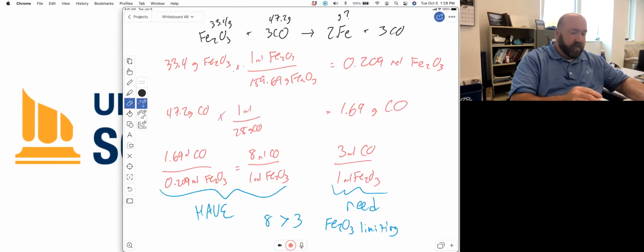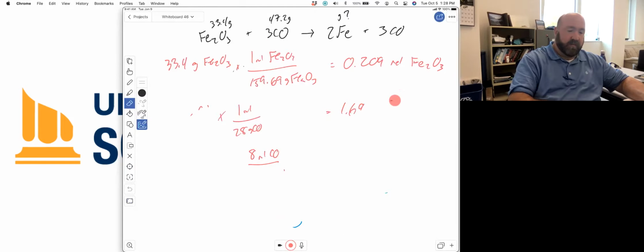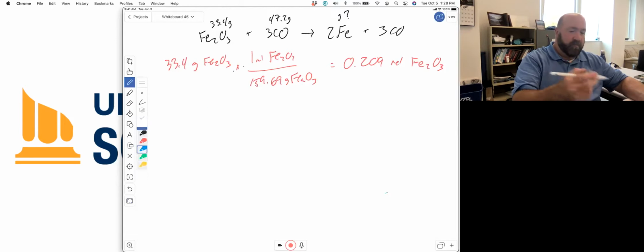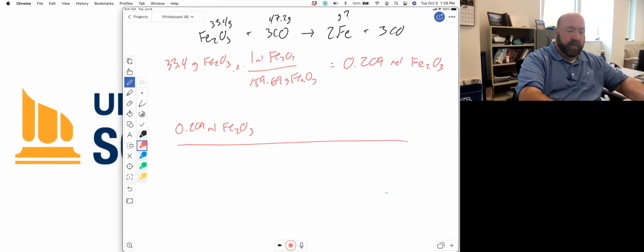Let's go ahead and just erase most of this now. So we know that our Fe2O3 is limiting based on our mole ratio amounts, and we're going to base the rest of our answer off that. We're starting with 0.209 moles of Fe2O3, and then we go through the same process.